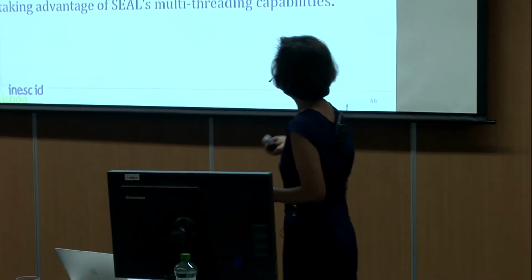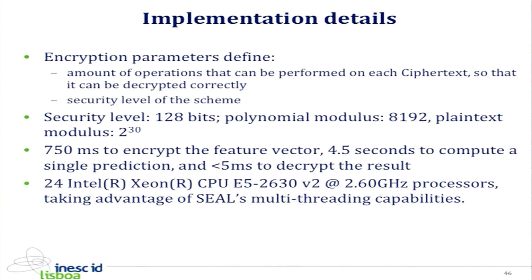We had to choose the encryption parameters bearing in mind this trade-off that I mentioned before. In our case, we chose a security level corresponding to 128 bits, which means that we had to choose a polynomial modulus of 8,192 and a plaintext modulus of 2 to the power of 30.